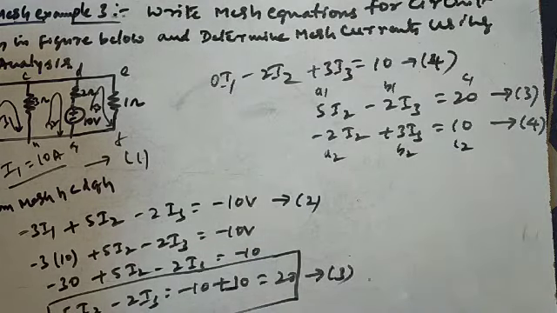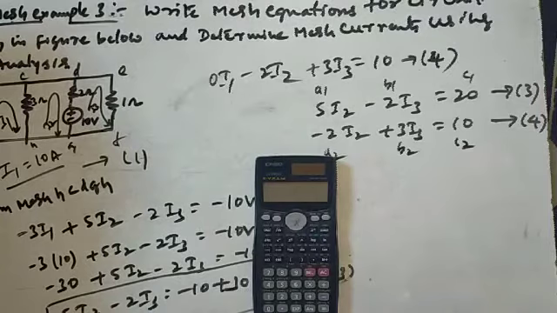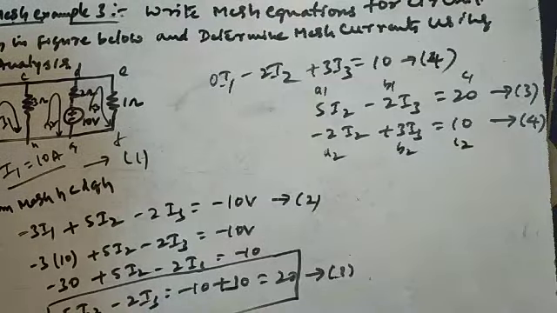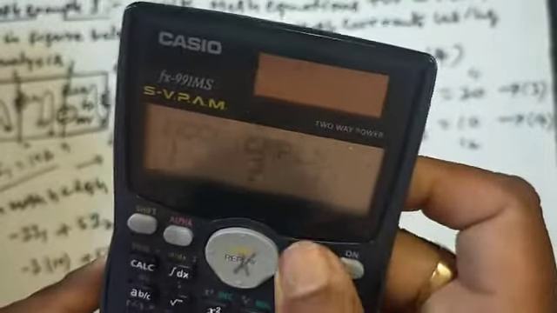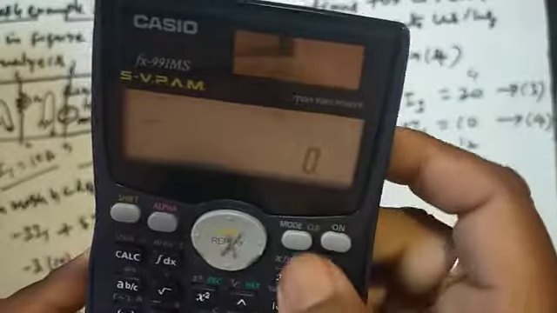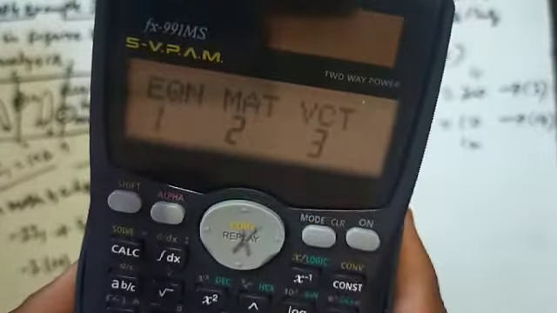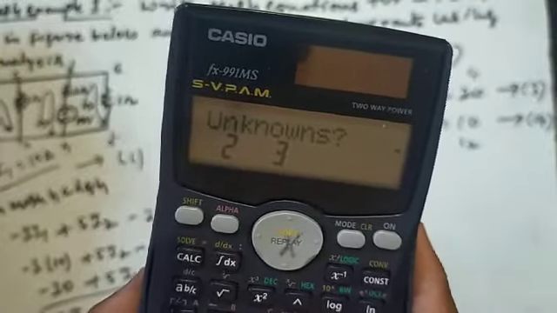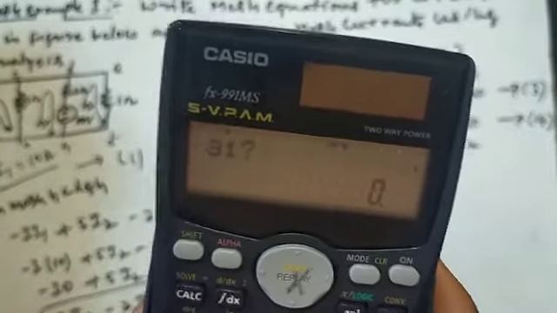See, these solutions can be done in different manners. The solutions can be done through Cramer's rule as well as the equation mode of the calculator. Here is the calculator. First, press mode until you get the equation. Equation stands for 1, press 1. How many unknowns? Here only 2 unknowns, so I press 2. What is the value of A1?